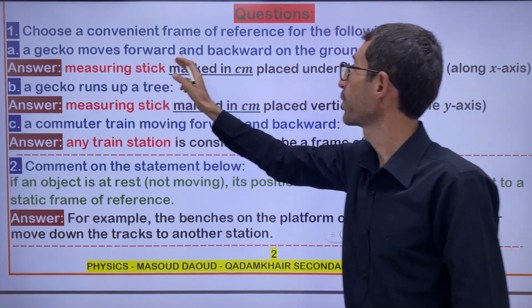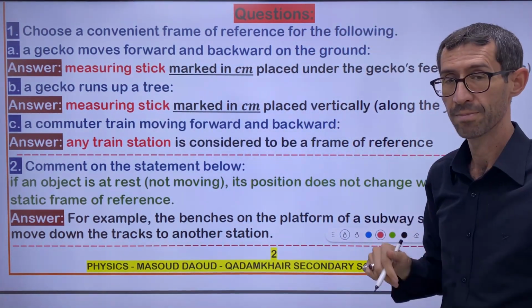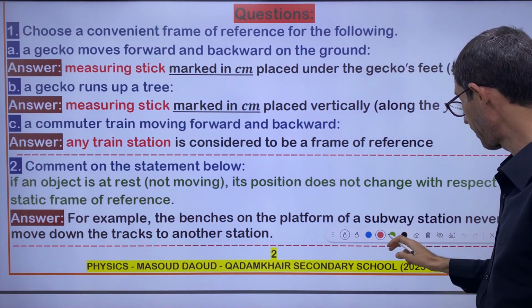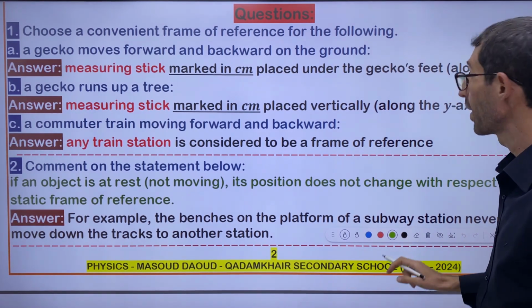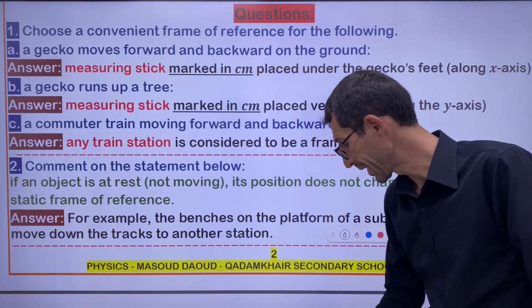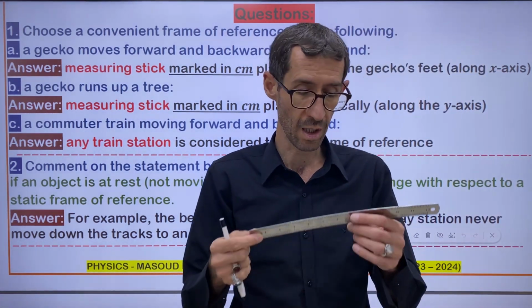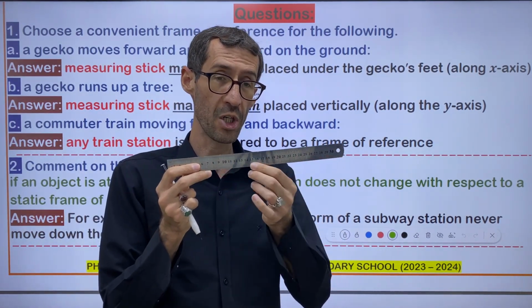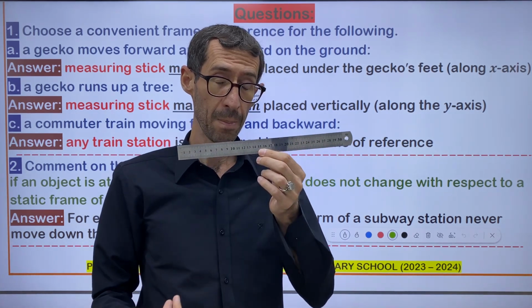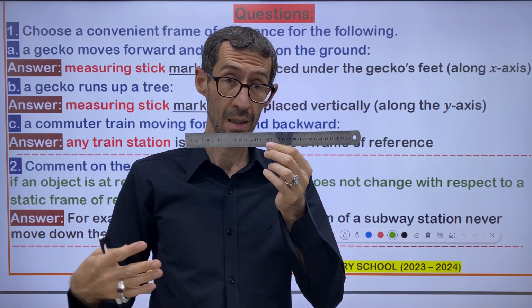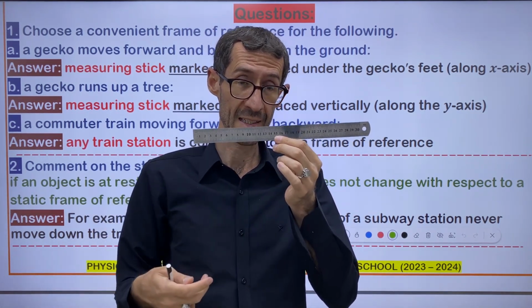A gecko moves forward and backward on the ground. So what's the convenient frame of reference for a gecko moving forward and backward on the ground? Can I say a ruler or meter stick or a measuring stick placed under the feet of the gecko horizontally along the x-axis?